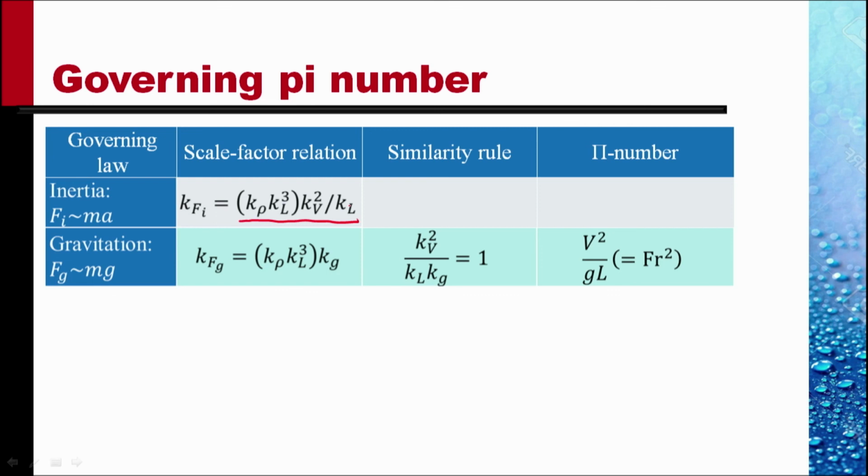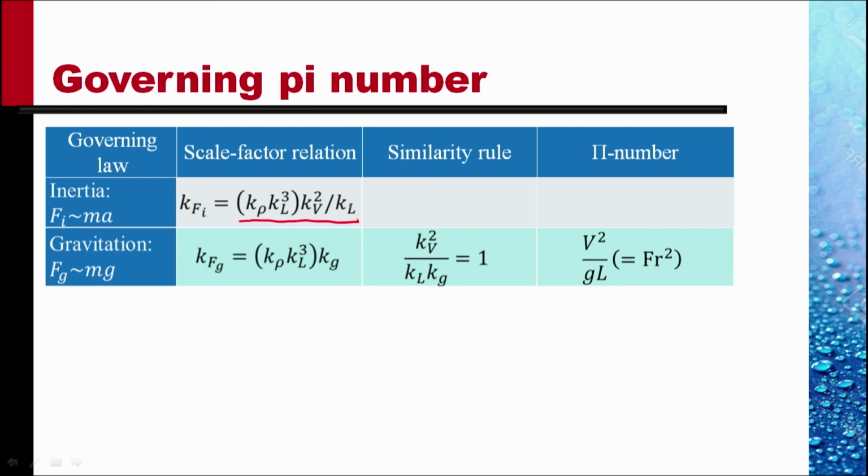The gravitational force scale factor was the scale factor of mass, which is k rho, kl cubed times kg. And by equating these two, we get a similarity rule as kv square divided by kl, kg should be 1. And from this, we form a pi number, v square by gl, which is nothing but Froude number square.